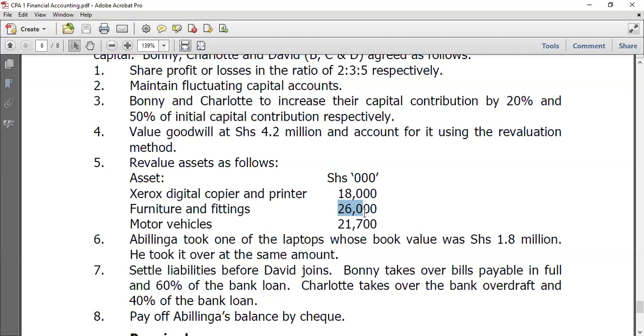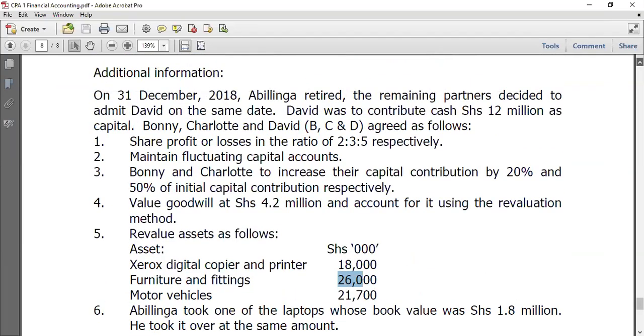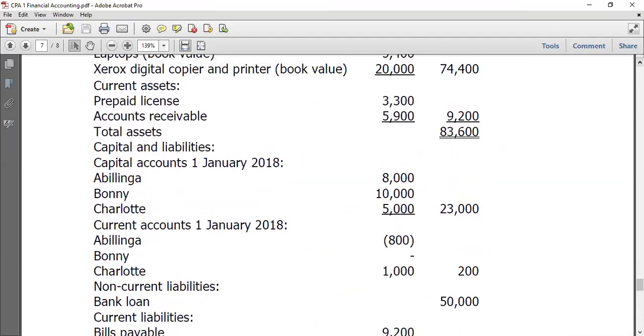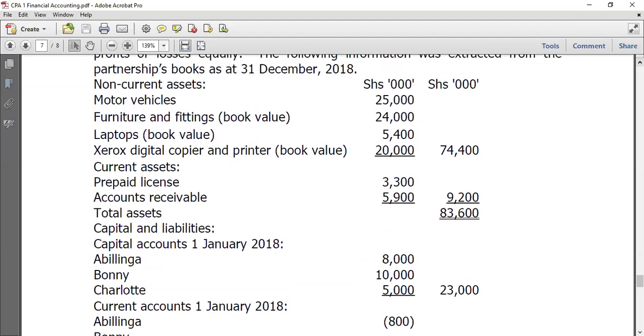But revaluation is done when we are admitting, let's say, a new partner on board. And as they said, these assets were revalued at 18K, then 26, and then 21. Yours is to go back up here and see what the value of these assets was.